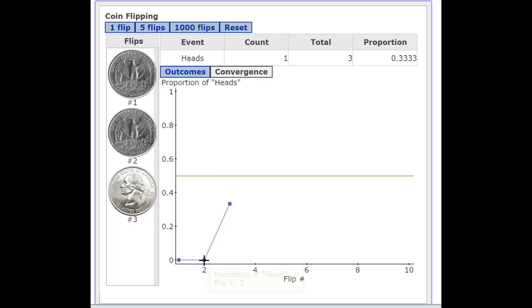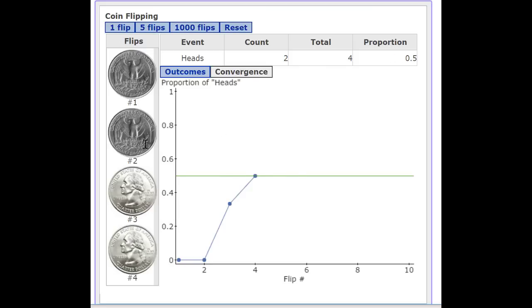Then we flipped it twice, and we got 0 heads with 2 flips. So still, the probability of getting heads was 0. Then finally, we got 1 head when we had flipped it 3 times. So the probability of getting heads is 0.33 at this point, 1 out of 3. Okay, so then we keep flipping.